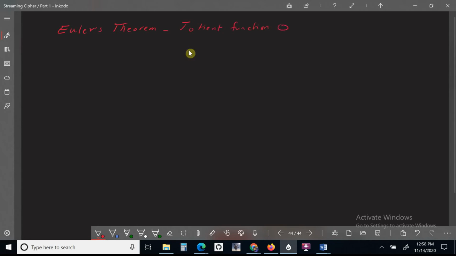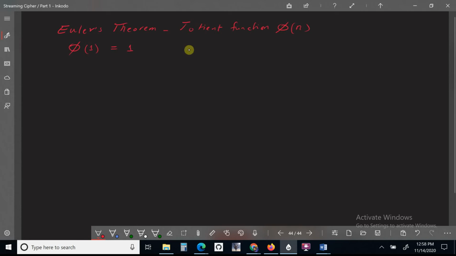We refer to it as the Greek letter phi, or phi of n. Now, of course, we'll start with the totient function. So we state that phi of 1, or we start by saying the totient function of 1 is equal to 1.